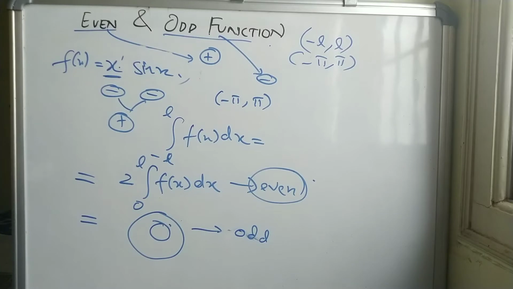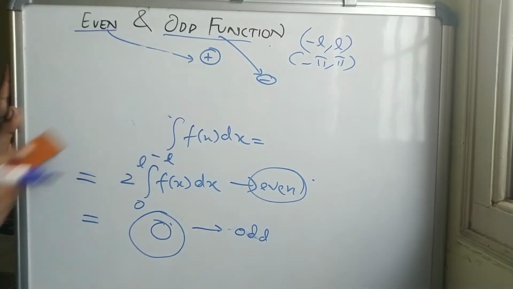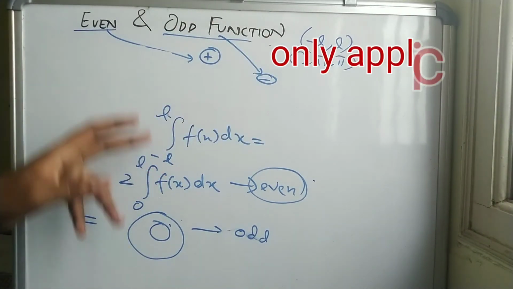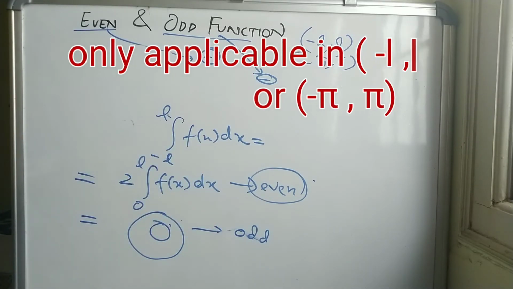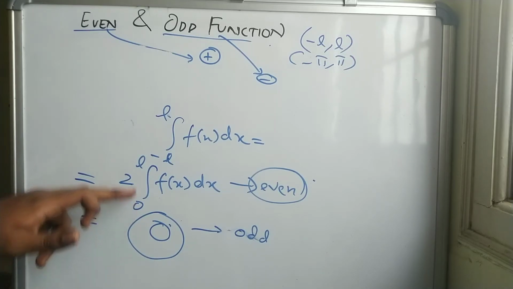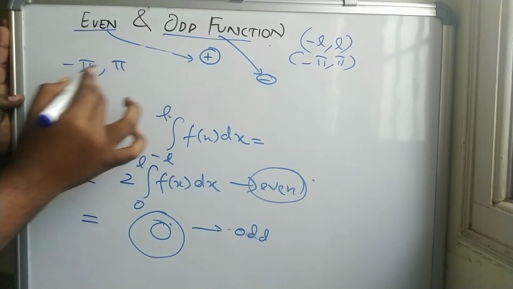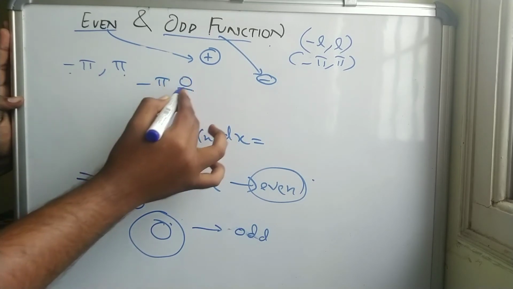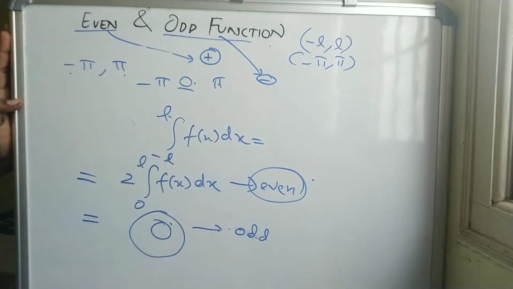So I hope you understood even function, odd function and all. I'm talking about the interval minus L to L. It can be minus pi to pi. So f of x dx is given, and I can write it as 2 times 0 to L. The basic idea is that minus pi to pi means minus pi to 0, then 0 to pi.